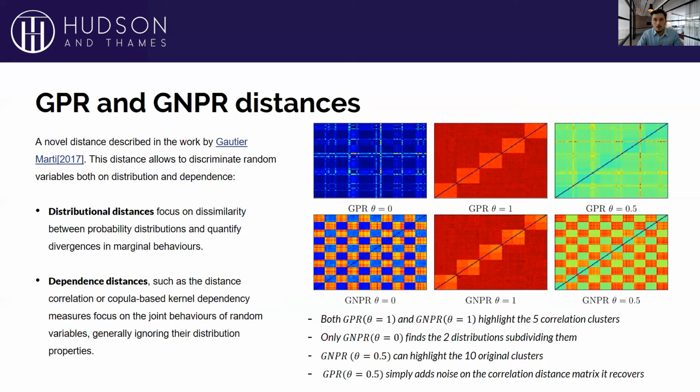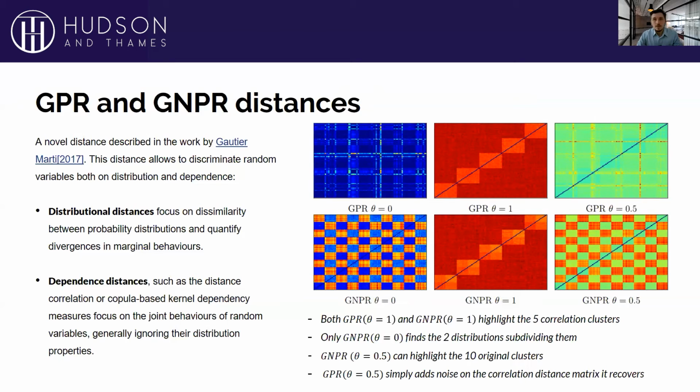Generally, according to the author, we can divide distances between two families. First being the distributional distances. So we are looking at the distribution of element X and element Y, and we compare the distributions. Another would be the dependence distances, measuring the codependence between elements, be that distance correlation or advanced copula-based dependence metrics.